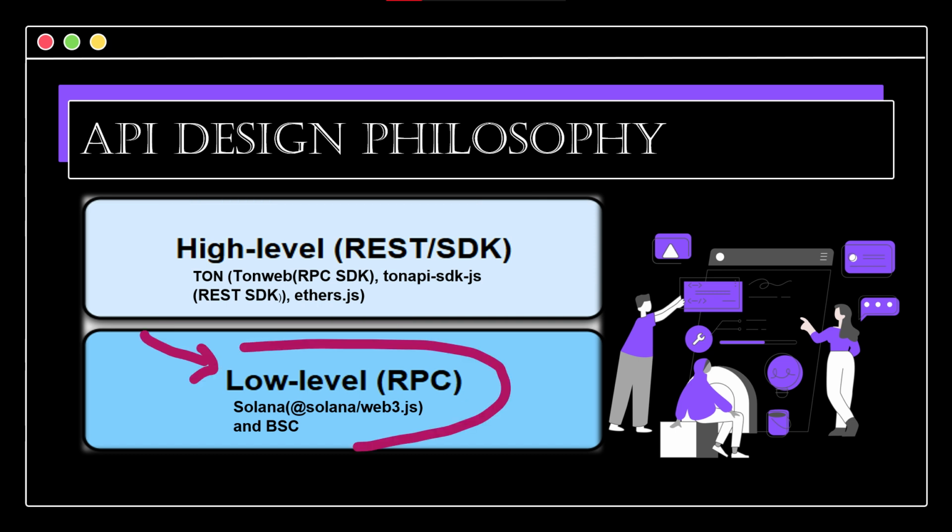The low-level RPC exposes raw node methods, and it requires you to know the exact method names, arguments, formats, and protocols, which I think is quite tedious because not all of us have good memory and we have to keep going to search this. It offers full control, but it has a very high learning overhead.